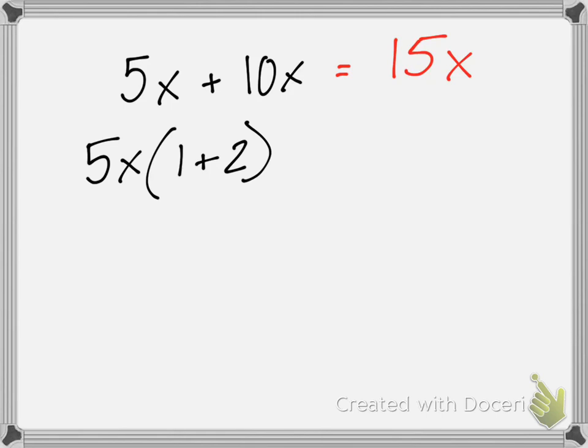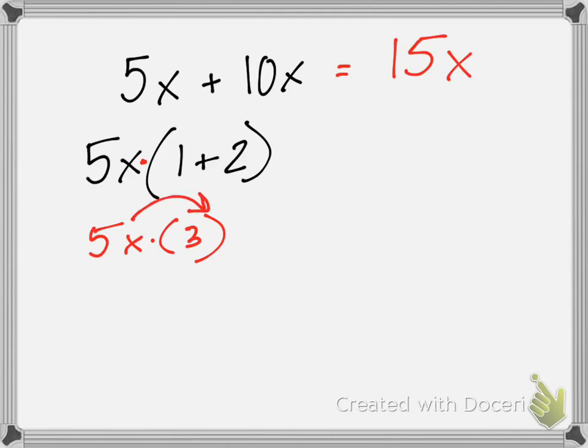Let's check this. I want to solve this problem. What this is, it's 5x times, in parentheses, 1 plus 2. So I follow PEMDAS. I'm not trying to solve for the variable. I'm just trying to get an equation. So the first thing I get, 1 plus 2 is 3. And I've got 5x times that. What I'm doing is I'm distributing that, right?